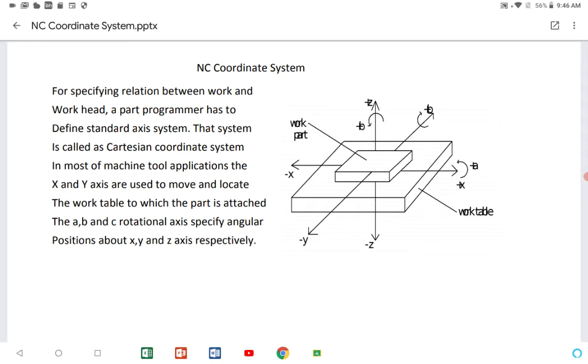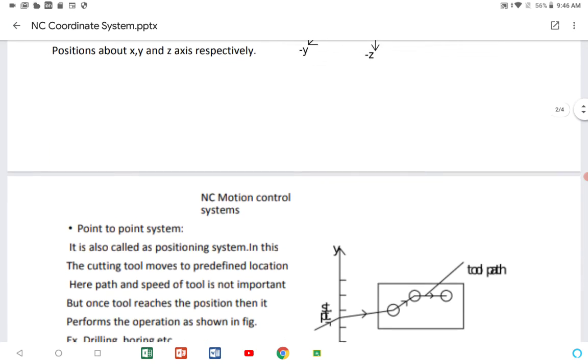The programmer has to define the particular axis of the system, following a particular system called the Cartesian coordinate system, which is a must for machine tool applications. In the form of this coordinate system only, the detailed program is written, with x, y and z in the three directions, as you can see in the diagram.